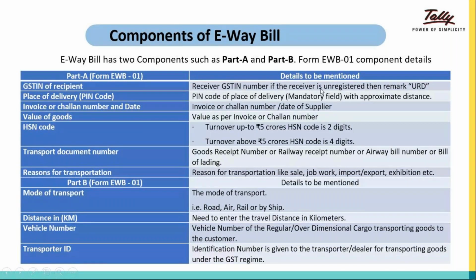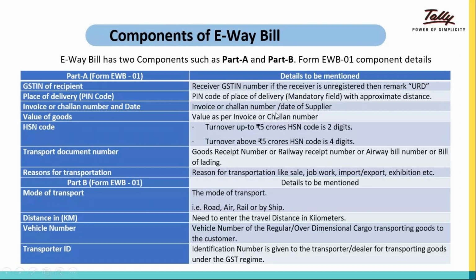If the receiver is unregistered, then mark URD. So if it is the GSTIN of the recipient, meaning the person who is receiving the goods, the consignee, his GST registration number should be provided. If he is not a registered dealer, in that case we have to mark URD. I will show you all this when we are doing it practically.